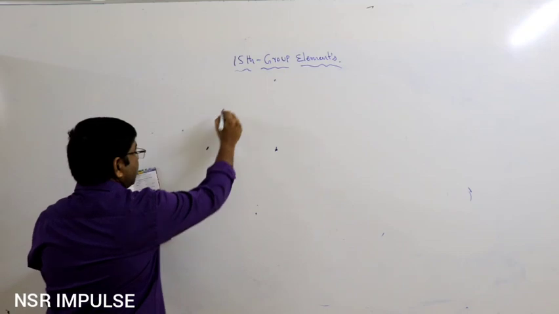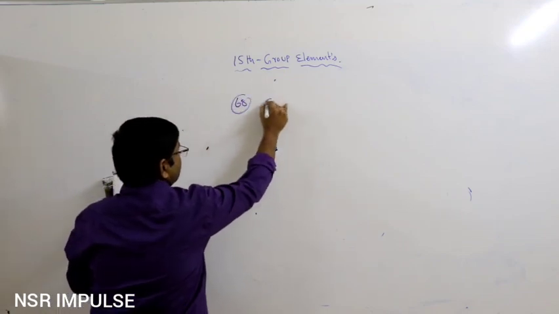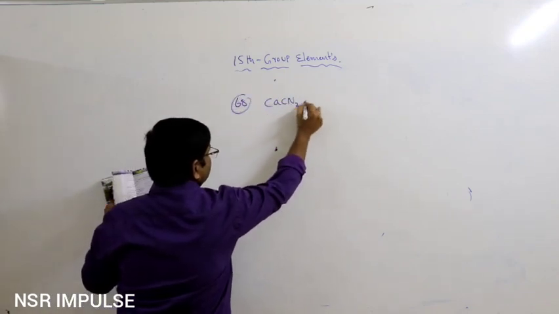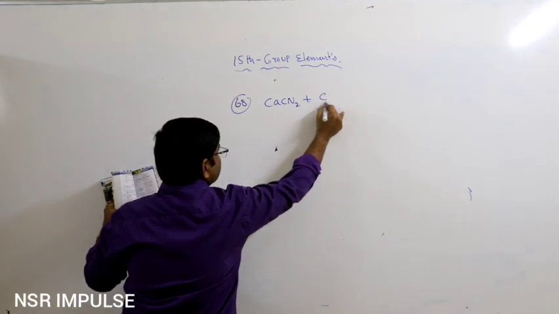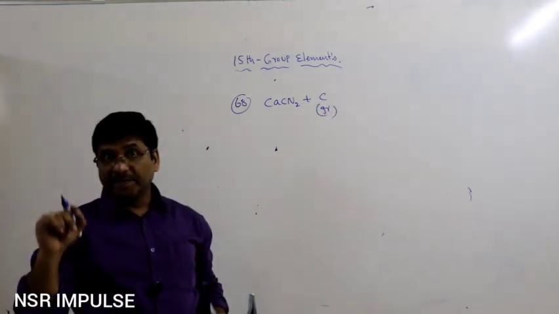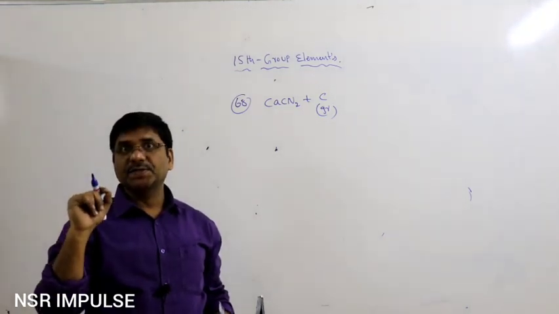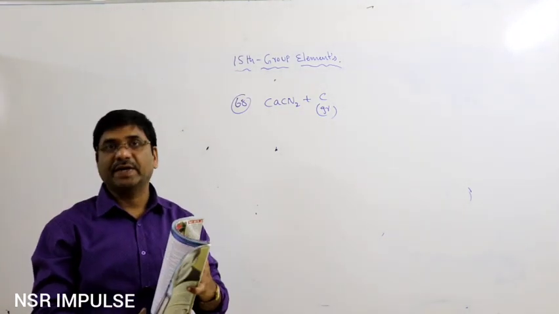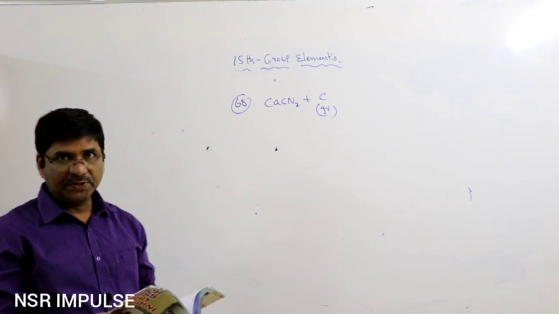CaCN2 plus C, where C means graphite, is called nitrolim. Where is it used? It is used in the preparation of fertilizers.